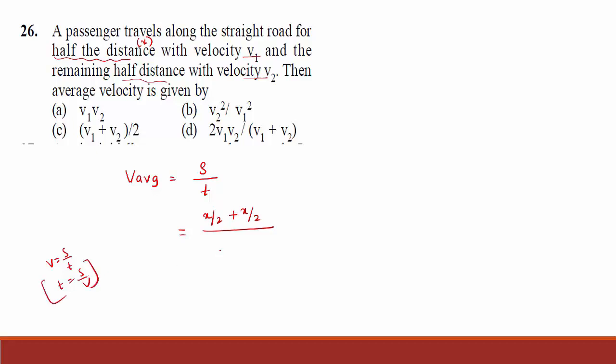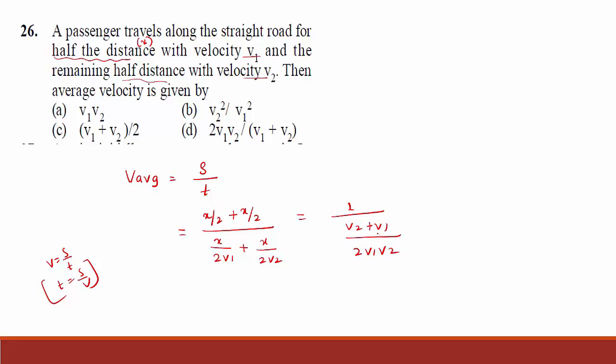That means in place of time interval, we can write distance x divided by velocity: 2 times v1 plus x divided by 2 times v2. Now calculate this value, x by 2 plus x by 2. So we will get 1 divided by v2 plus v1 divided by 2v1v2.